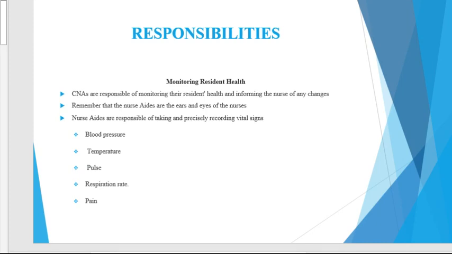Remember, we spend more time with these residents, more than the nurses. So most times, the patients report to us that they are having pain. Are we supposed to give them pain medication? I hope you will say no to that. No, but we report to the nurse that the patient is having pain.